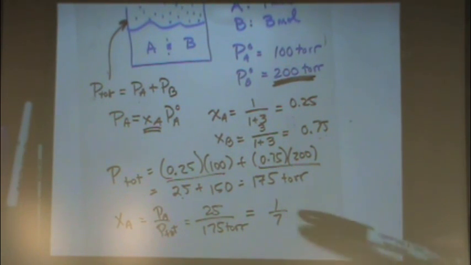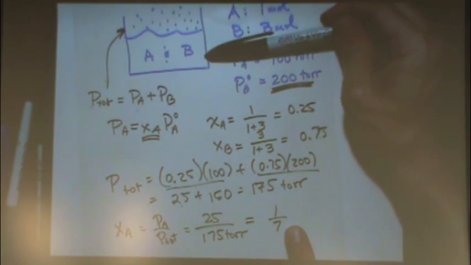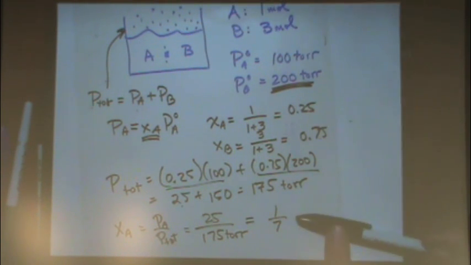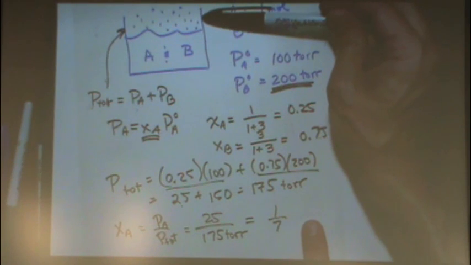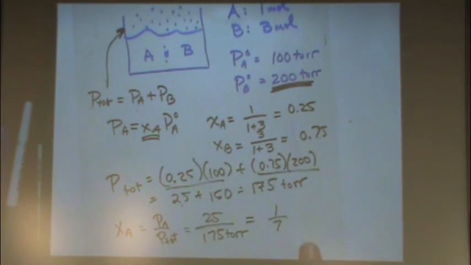So you can see this number and this number are different numbers. And that's pretty normal, that the mole fraction in the liquid is a different number than the mole fraction above the liquid. Remember, one more time, this is the mole fraction of A above the liquid, or in the gas form. This mole fraction right here of A is in the liquid. That would be a pretty normal question.